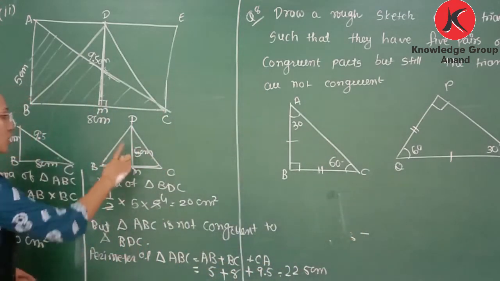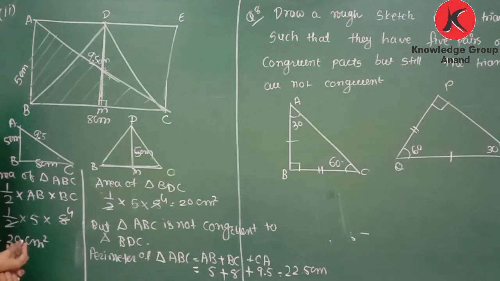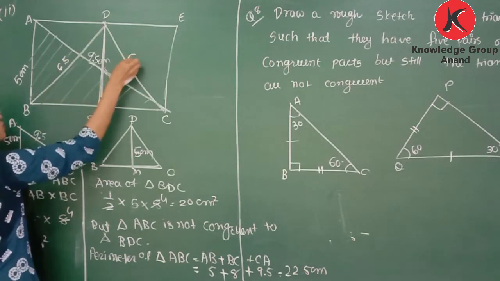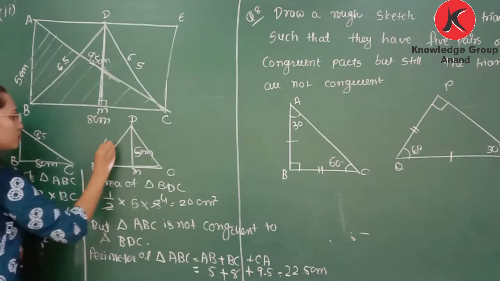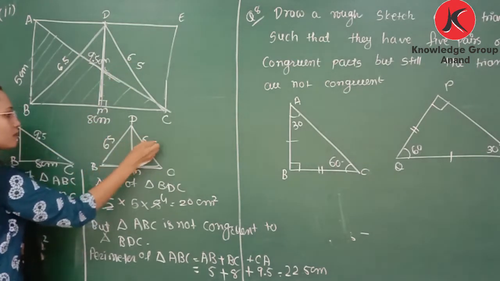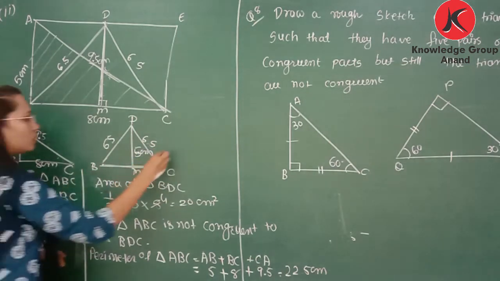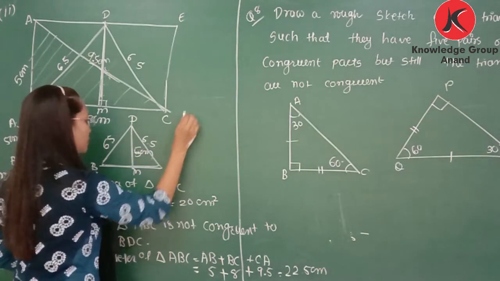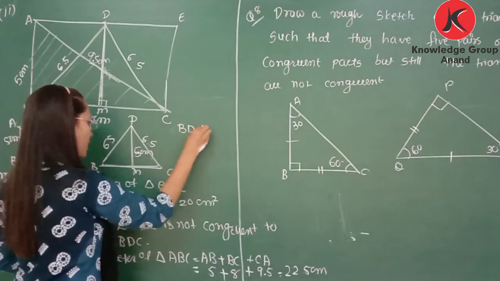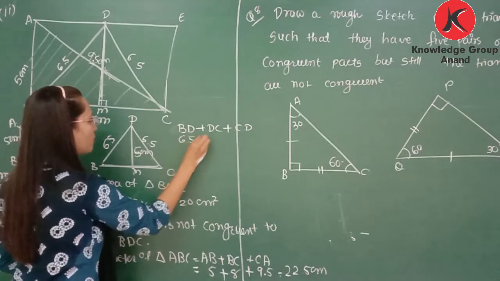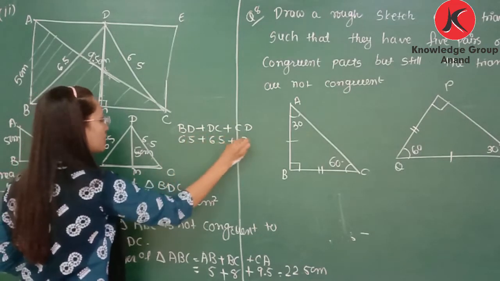Now find the perimeter of this triangle. Perimeter means the sum of sides. So let's consider this side as 6.5 and this is also 6.5. So what will be the perimeter? BD plus BC plus CD, that is 6.5 plus 6.5 plus 8.